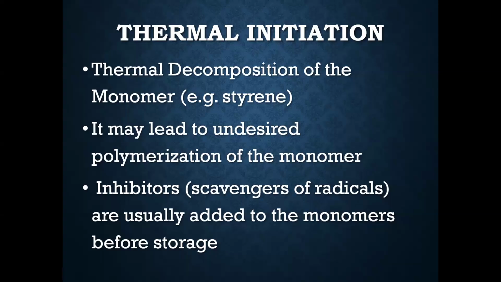Because if the monomer is stored, it can be decomposed by heat, by high temperature. In that case, a free radical will be formed, and this free radical will be active, and they can attack more monomers.